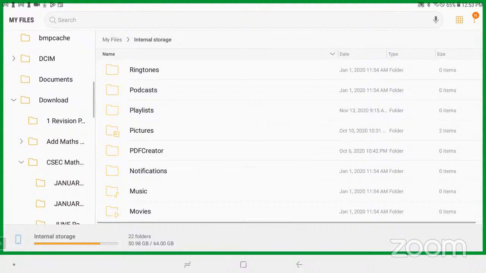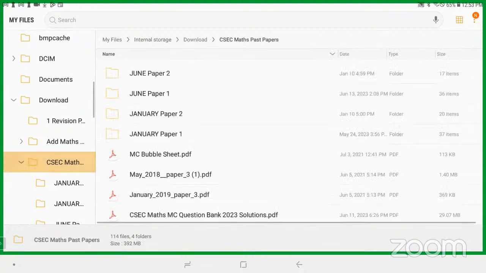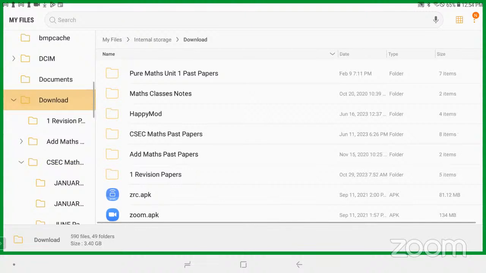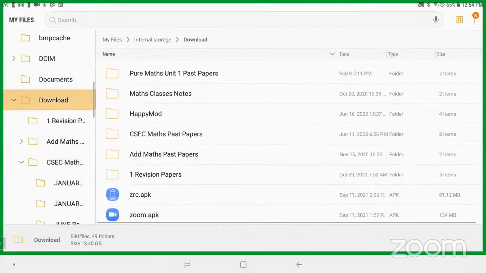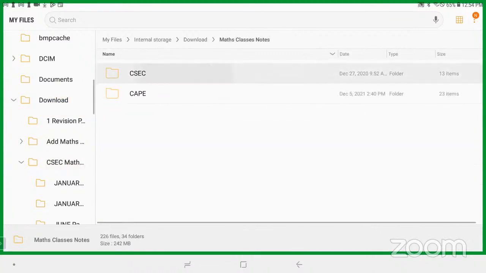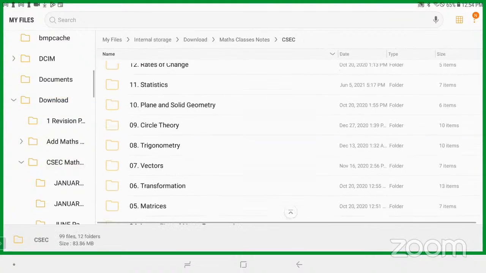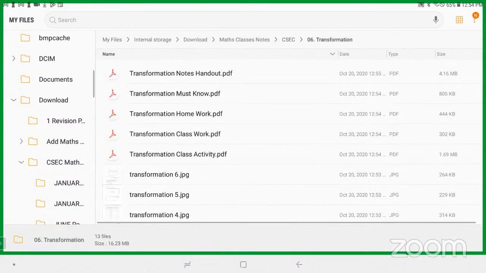Okay, I'll just show us the work for the paper. What is the topic? Transformation. We are looking around the place. Teacher, transformation must know.